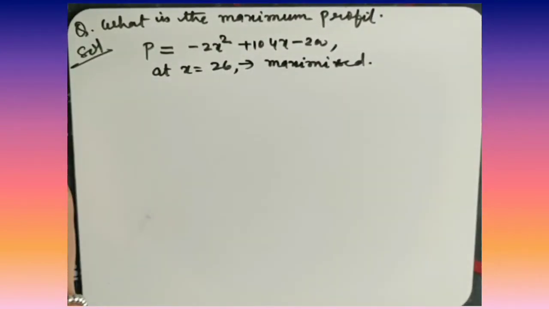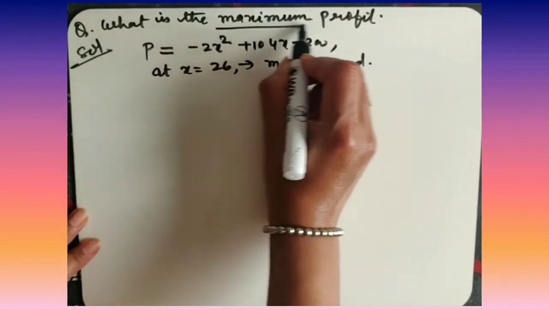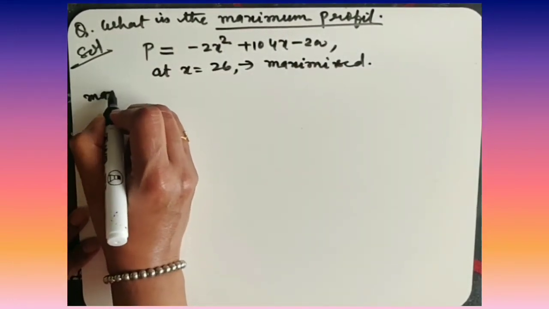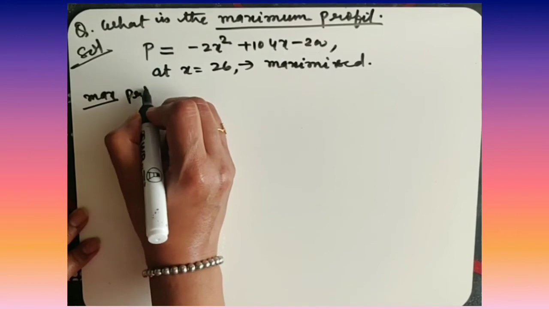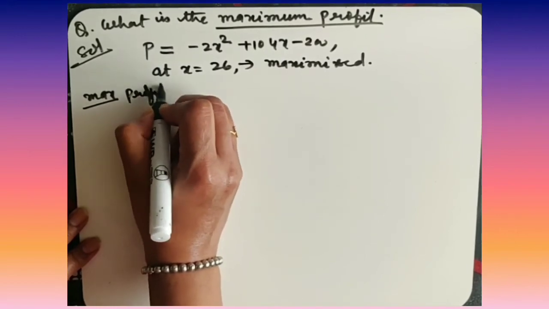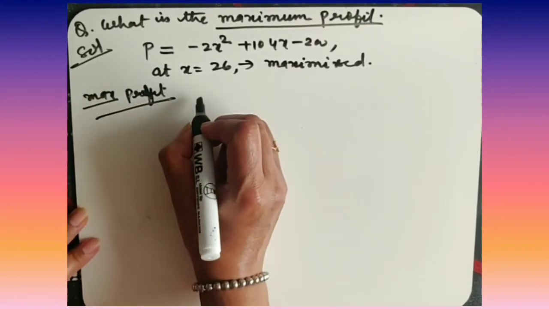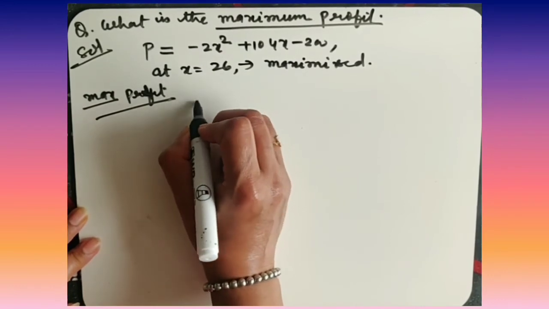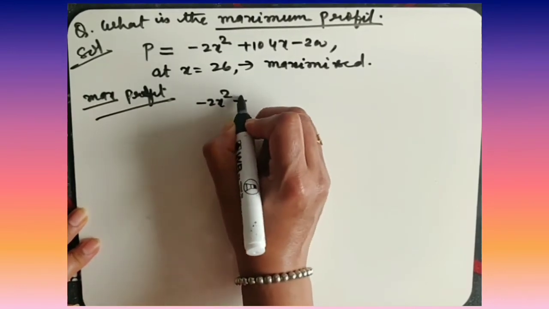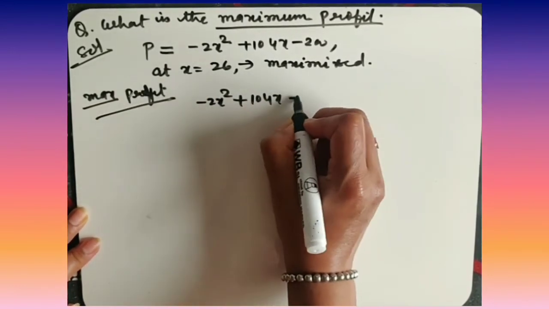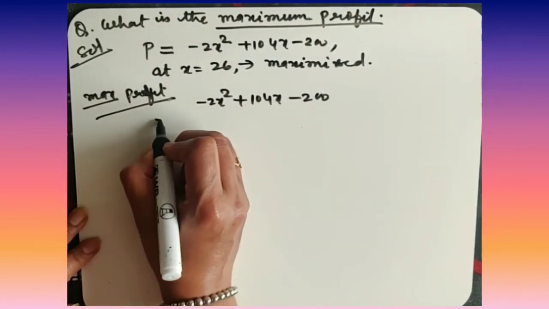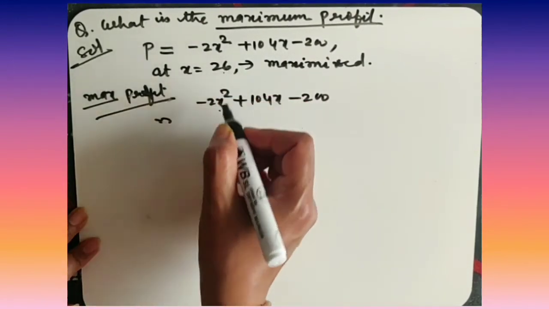What we need to do is find the maximum profit. So the solution: maximum profit will be, write down the function minus 2x square plus 104x minus 200, and just substitute x equal to 26 here.